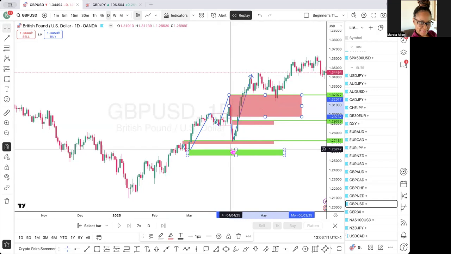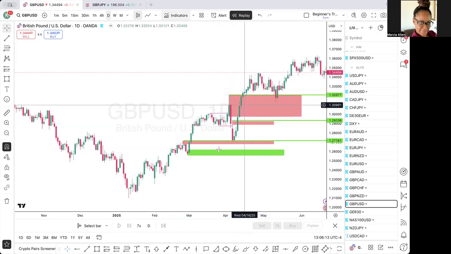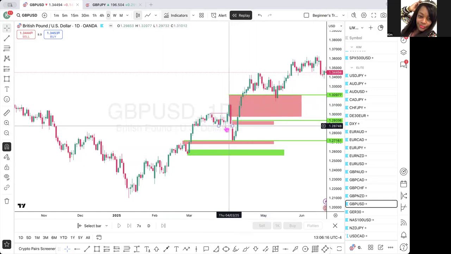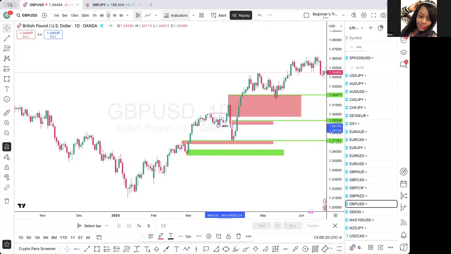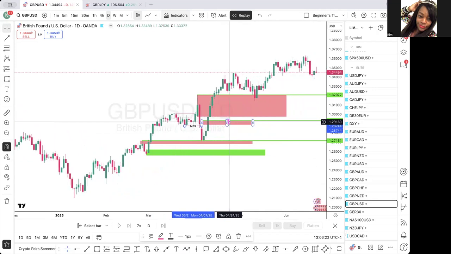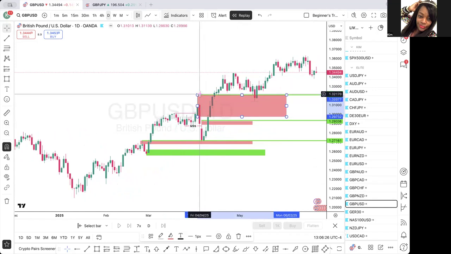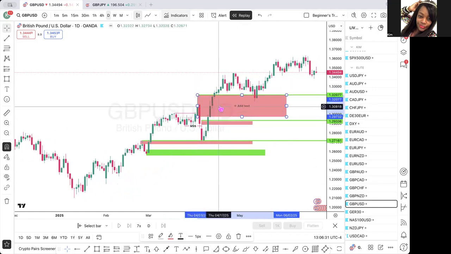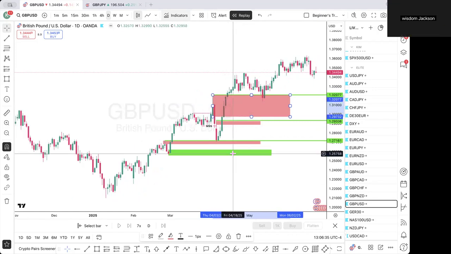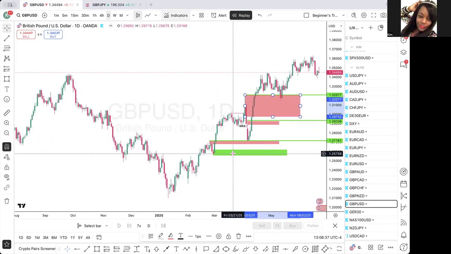So if we're saying that this is a market structure shift right here, or a change of character, then you mark up your supply zone, which is here, and you're expecting price to come back into this zone to sell. Sell to where then? It doesn't matter.